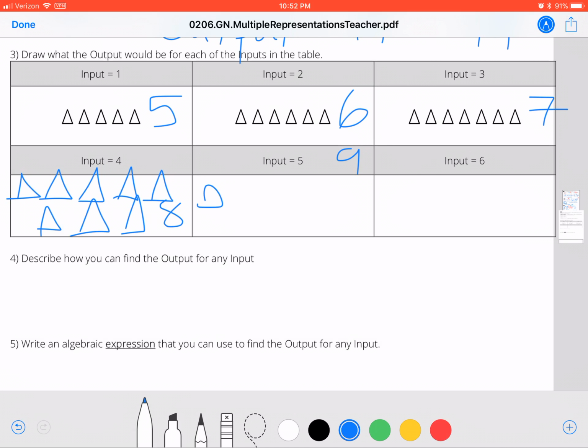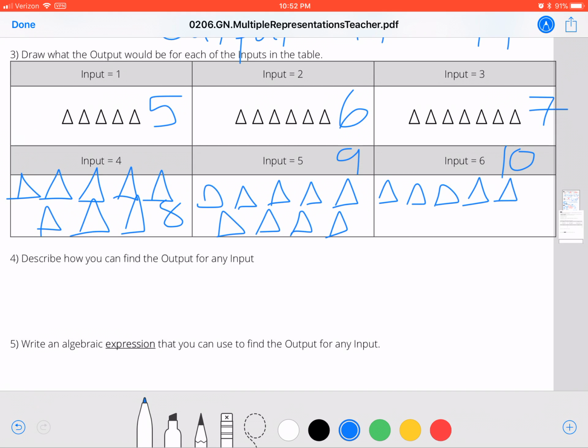And for input equals 6, that would give me 10. 1, 2, 3, 4, 5, 6, 7, 8, 9, 10. Is that 10? Yeah, that's 10. So I'm just drawing a picture.